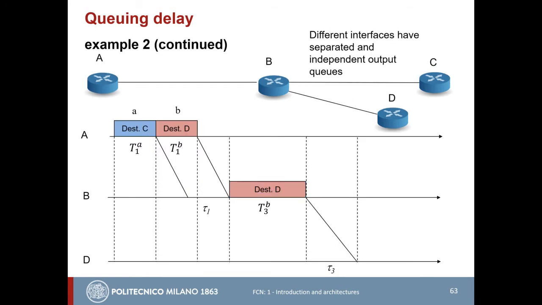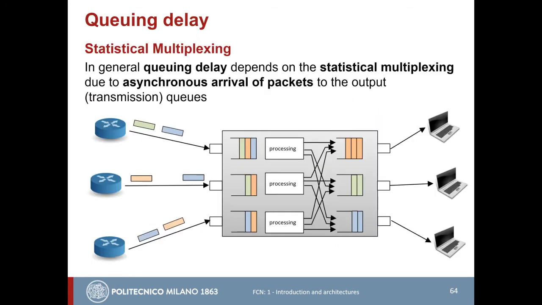And the queuing delay derives from the statistical multiplexing of the packets in the output queues. So it's due to the asynchronous arrival of the packets. When more packets are going to the same output queue, one goes into transmission, while the others have to wait in the queue.